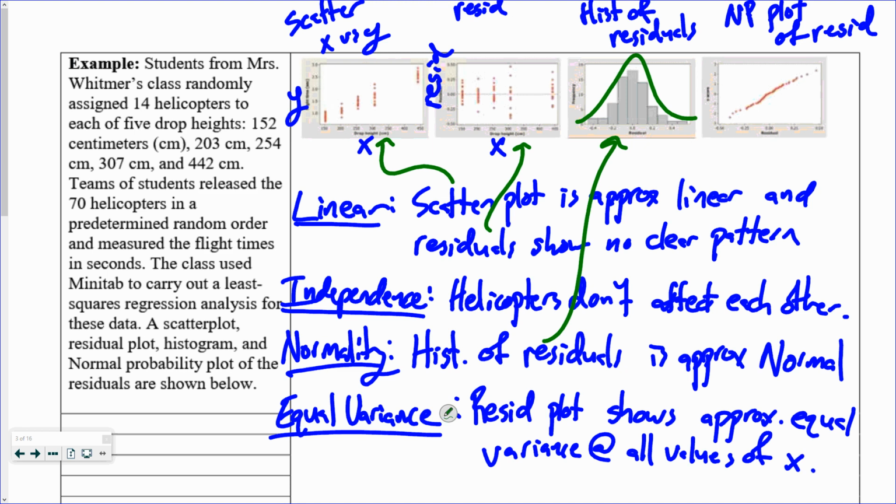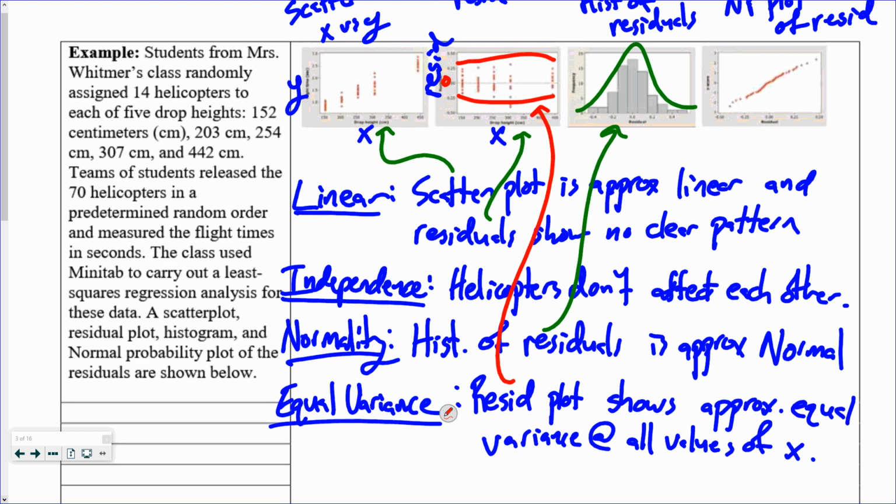And what am I talking about there? I'm looking at this guy, but specifically I'm looking at this kind of envelope of residual values. So it seems to be about equal variance, about that residual equals 0 there. It seems to be going up about the same amount as it goes down for each different x value. So that's equal variance. That one's a little goofy.